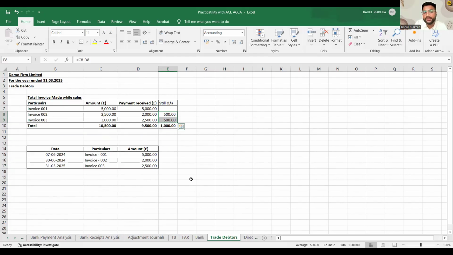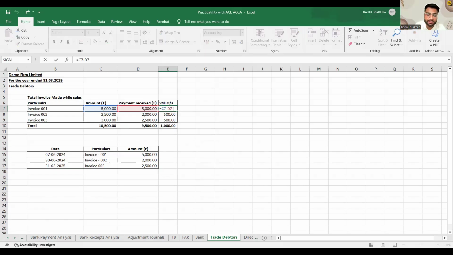Now comes trade debtors. How did we calculate that there are still 1,000 outstanding? There were 3 transactions related to sales made and receipts, which we have taken from the bank statement only. We have recorded all the sales made as per the invoice first, then payments received against invoices, then the outstanding by deducting payments received from total sales.